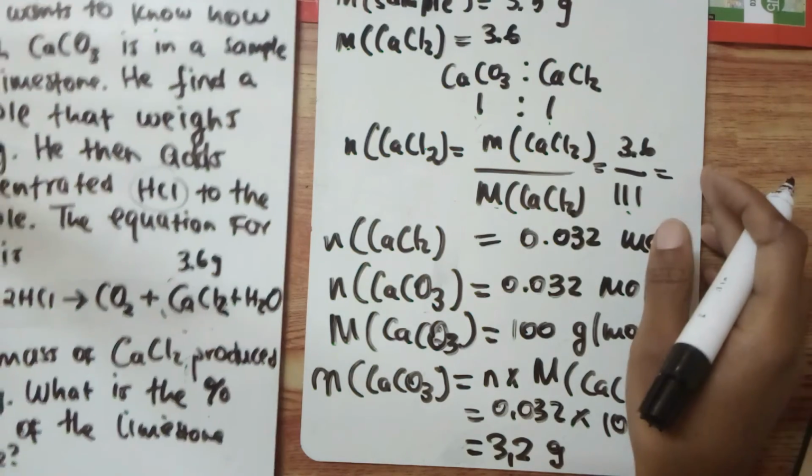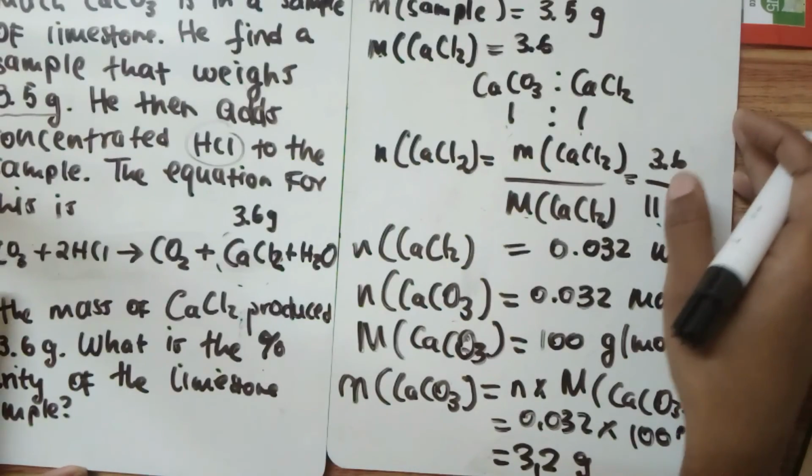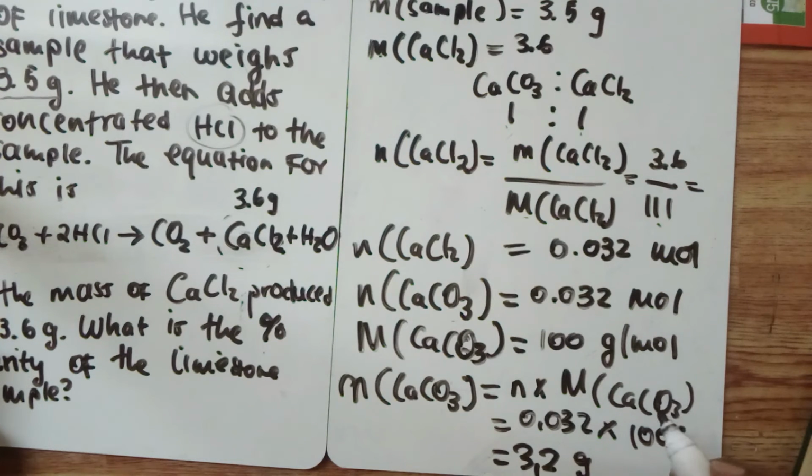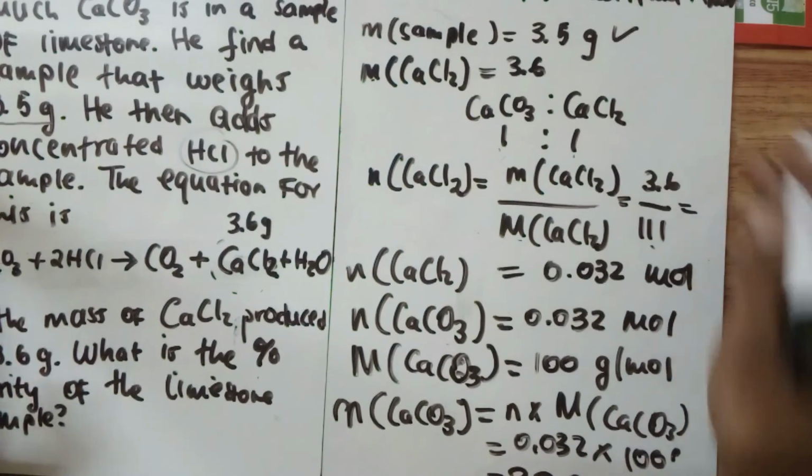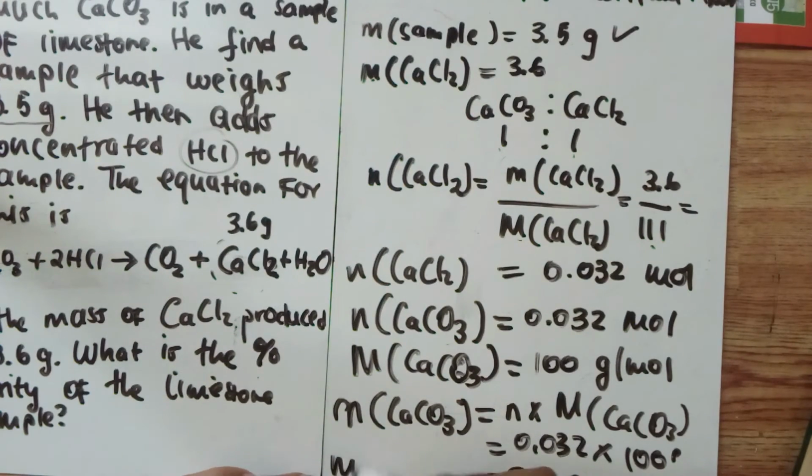But we're not done, because our question wants us to find the percentage purity. For the percentage purity, remember we need the mass of the sample and the mass of our specific compound, which is calcium carbonate. We have just calculated it.